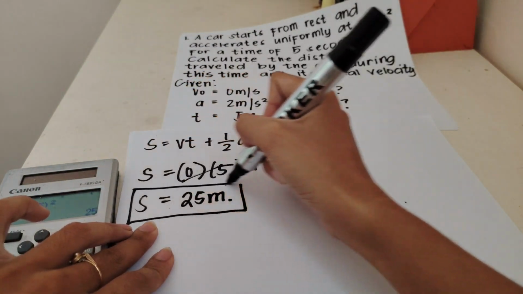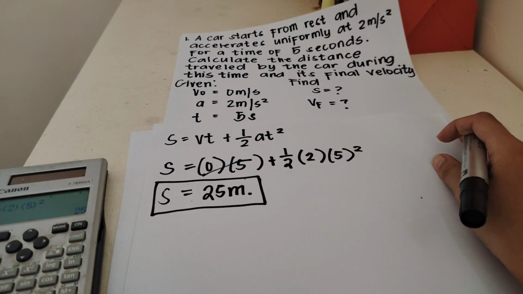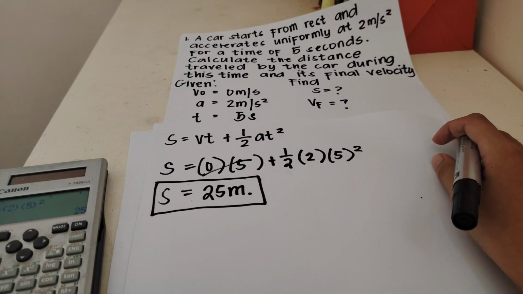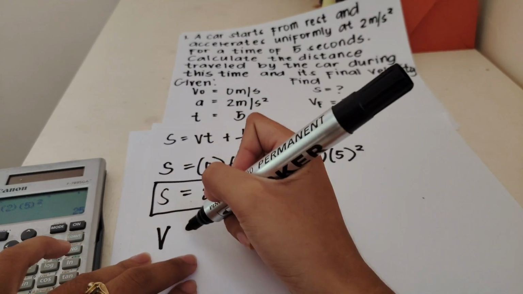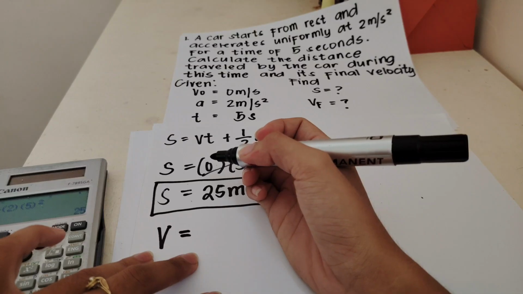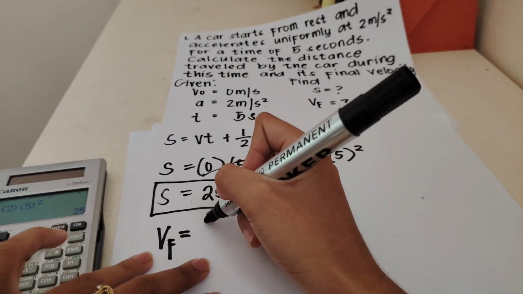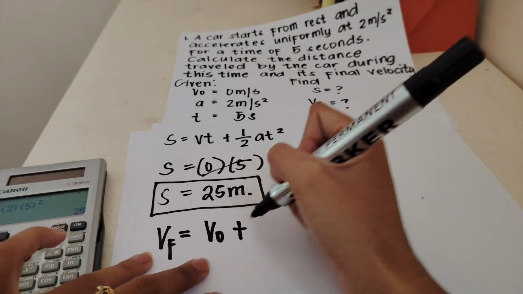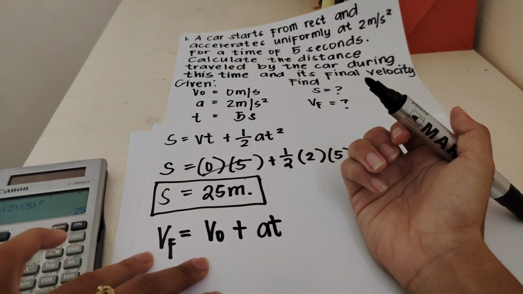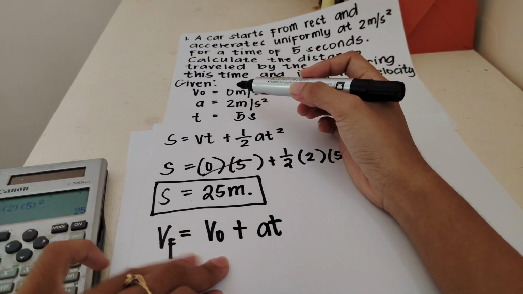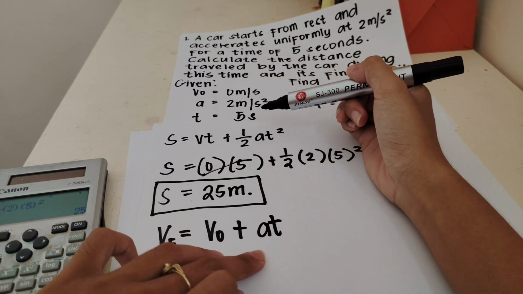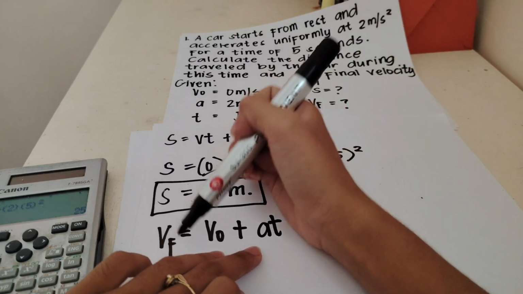Next, we will find the final velocity. In finding the final velocity, we can use the equation: final velocity is equal to initial velocity plus at. Since we are already given 0 meters per second for the initial velocity, and we also have the acceleration and the time, we can directly substitute.